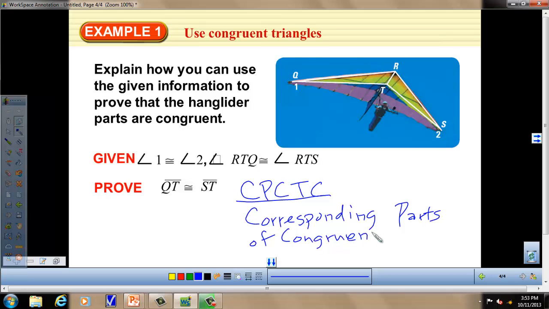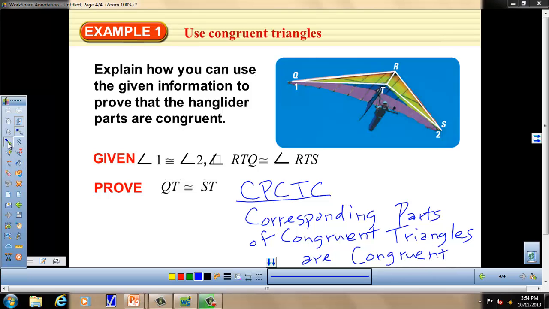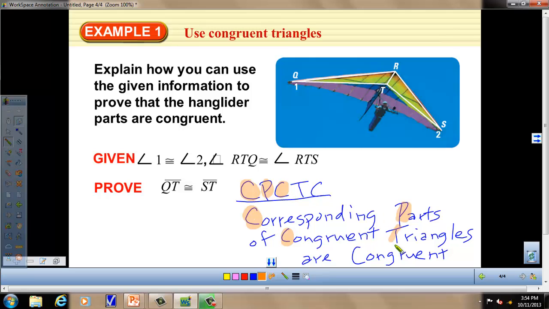And as you can see, it's going to be an acronym of congruent triangles are congruent. So literally, the CPCTC, C for C, P for P, C for C, T for T, and C for C.